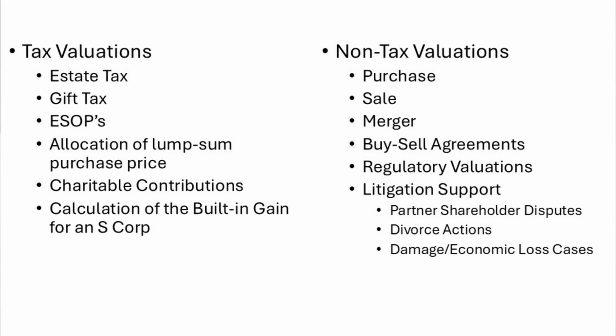The second group would be non-tax valuations. They'd include purchases, sales, mergers, buy-sell agreements, regulatory valuations, and then litigation support, which includes partner or shareholder disputes, divorce actions, or damage and economic loss calculations.